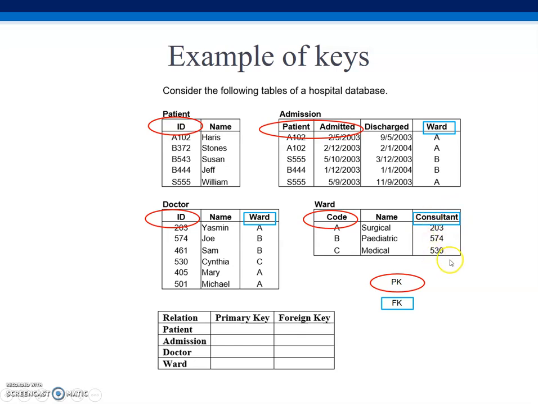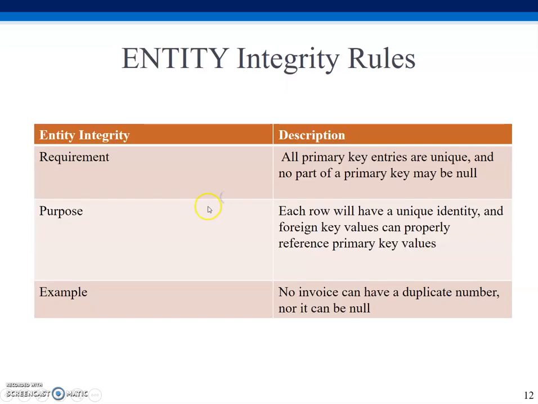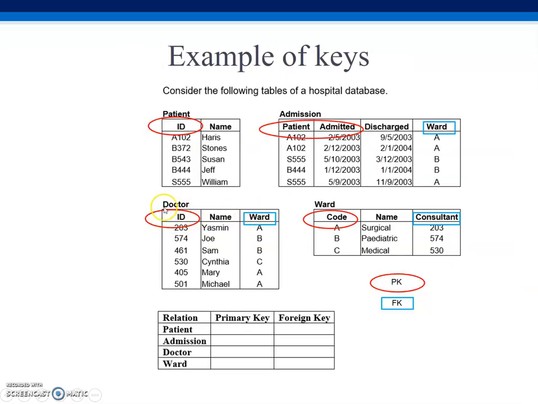If you look at the domain again and look at the set of values here, all these values can be found in the doctor table. So therefore, consultant is a foreign key which is derived from the primary key of the doctor table. I hope we have understood this example.